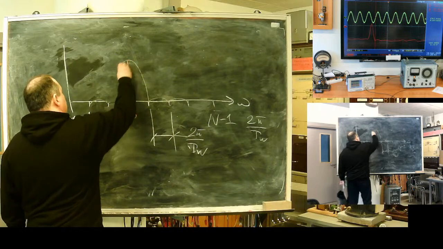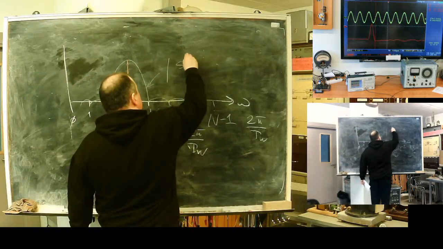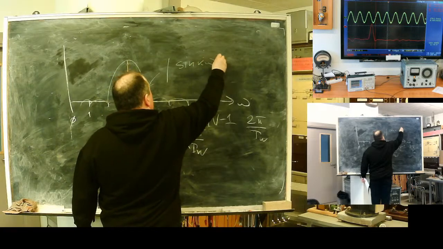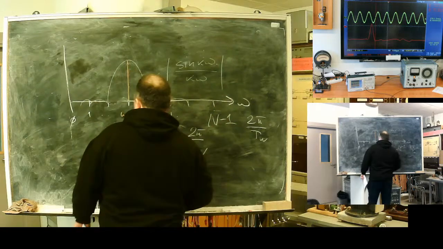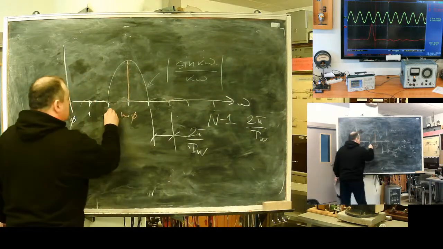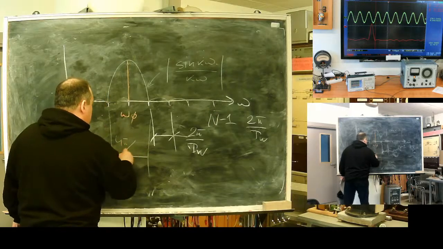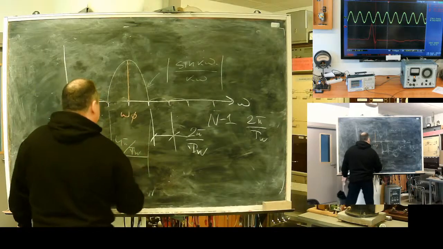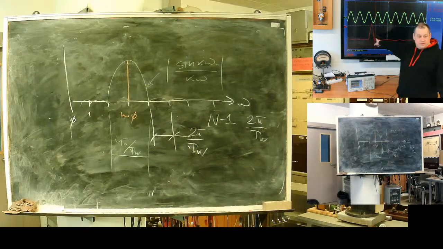This line is the absolute value of sin of omega divided by k omega. And the central lobe of the result will be 4π divided by T. This is good. Now we see a good case.